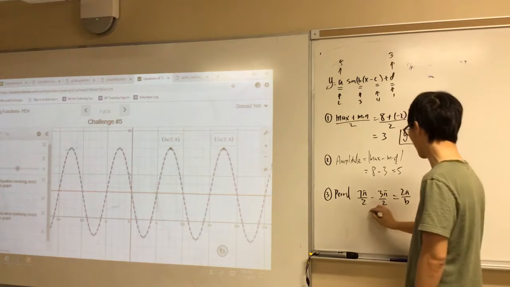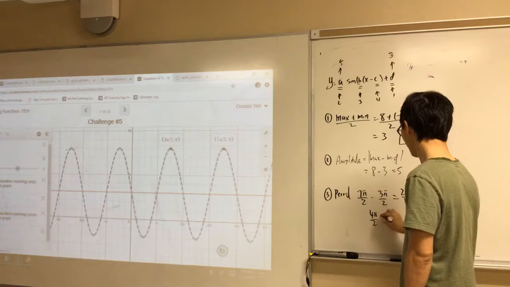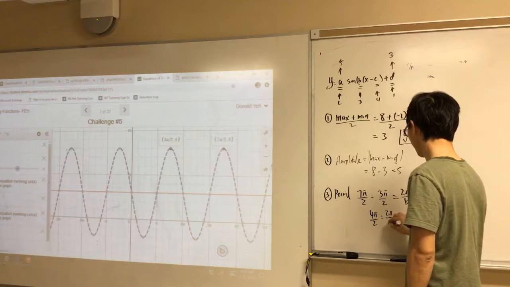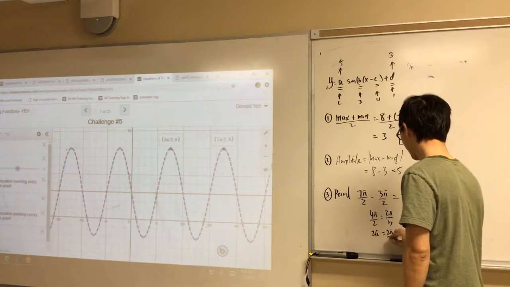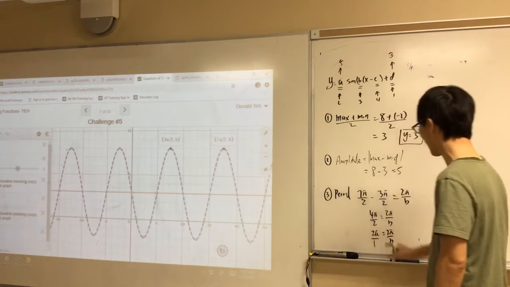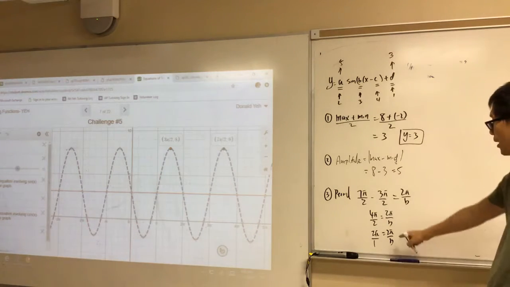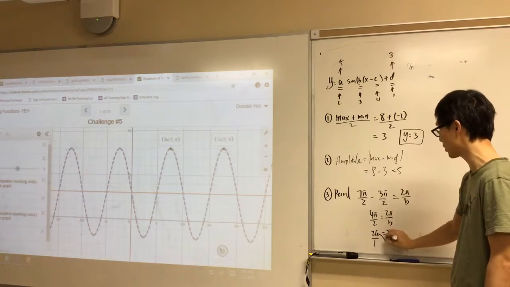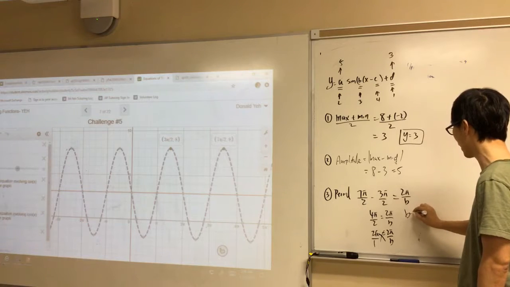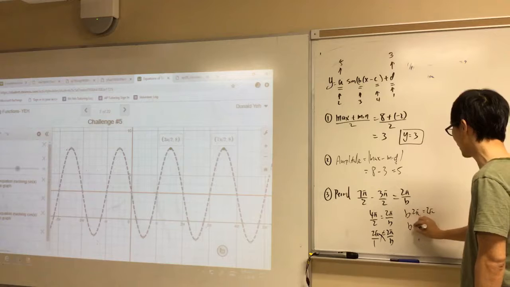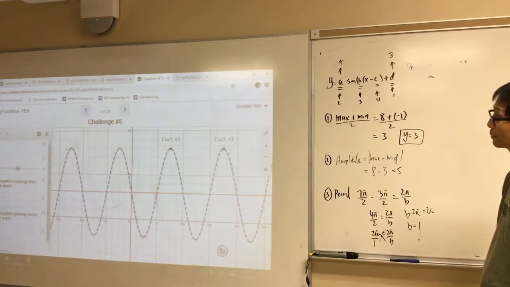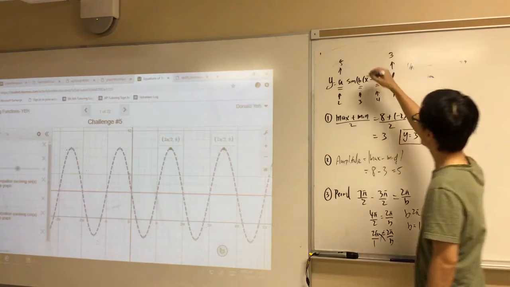So it's going to be 4 pi over 2 is equal to 2 pi over b, and that's equal to 2 pi, equal to 2 pi over b. A lot of you guys need to have this skill. It's called cross multiply. If you have ratio equal to ratio, you can cross multiply. So it'll be b times 2 pi is equal to 2 pi, and then b is equal to 1 in this case. So this part is going to give me 1.